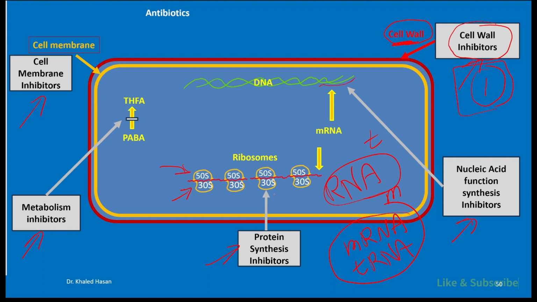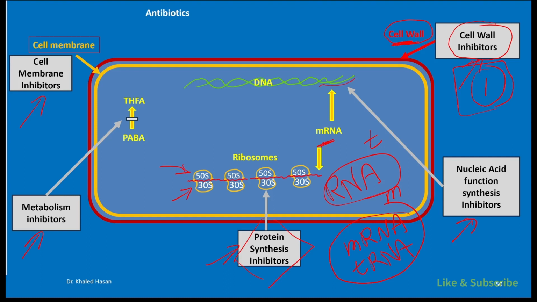Then we have RNA responsible for protein synthesis with the 50S and 30S subunits. Any medication that affects this, we call a protein synthesis inhibitor. So the second group is protein synthesis inhibitors.